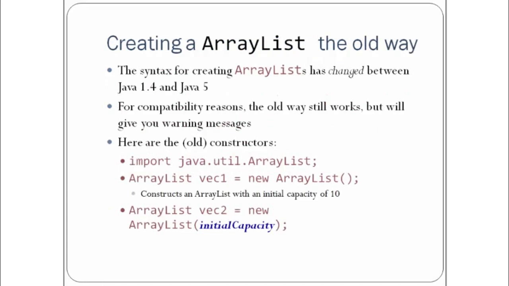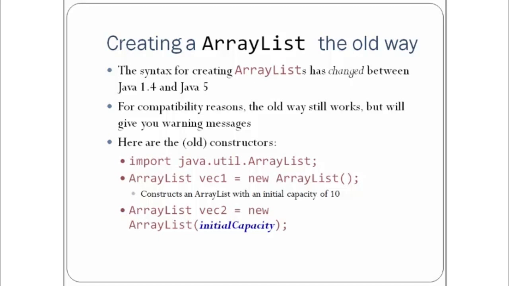Now, creating an ArrayList the old way. The syntax of creating ArrayList has changed between Java 1.4 and Java 5. For compatibility reasons, the old way still works but will give you warning messages. So here in the old constructor, you can see we have java.util.ArrayList, and then ArrayList vector1 equals new ArrayList.